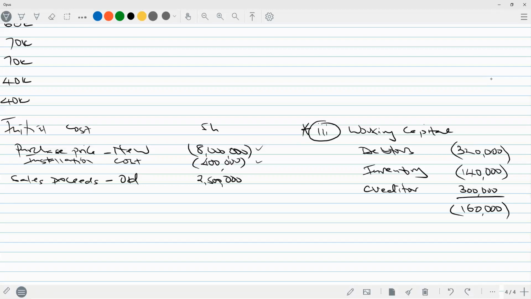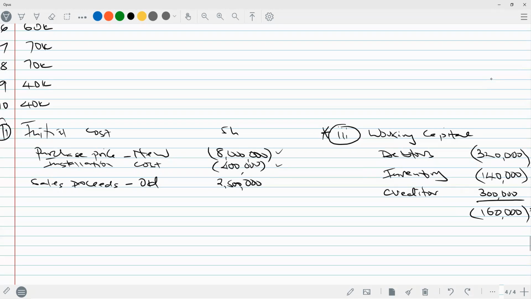Don't forget that this investment is being done in year 0. It's being done today. So the company, over and above paying for the new machine, will also need to invest towards working capital, negative 160,000. That's what happens in year 0. So the net is how much? What is the initial cost for this business?